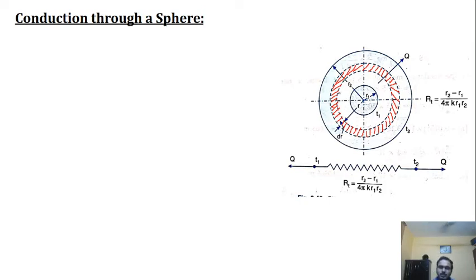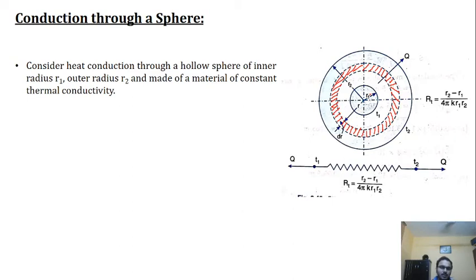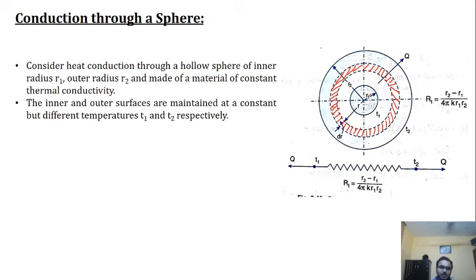Okay, so we will be focusing on this part. Consider heat conduction through a hollow sphere of inner radius r1 and outer radius r2, made of a material of constant thermal conductivity. The inner and outer surfaces are maintained at constant but different temperatures T1 and T2 respectively.